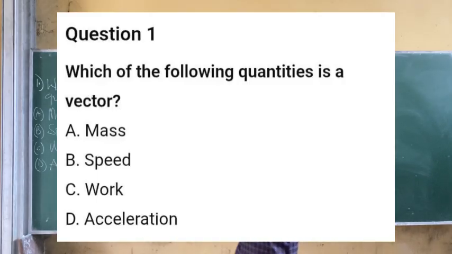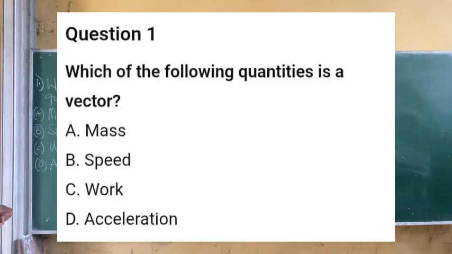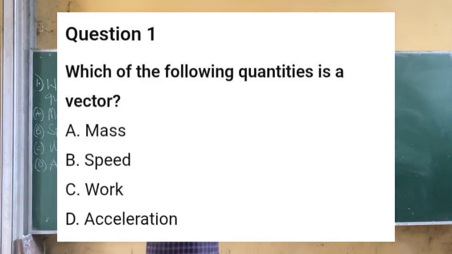The first thing here is to know the meaning of the word vector. What does vector mean? A vector quantity is a quantity that has both magnitude and direction.